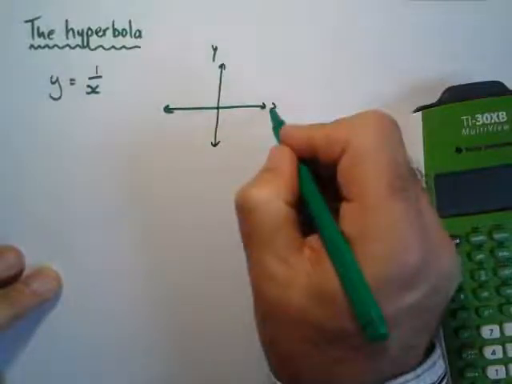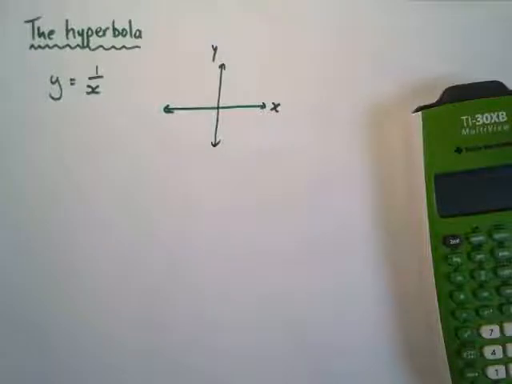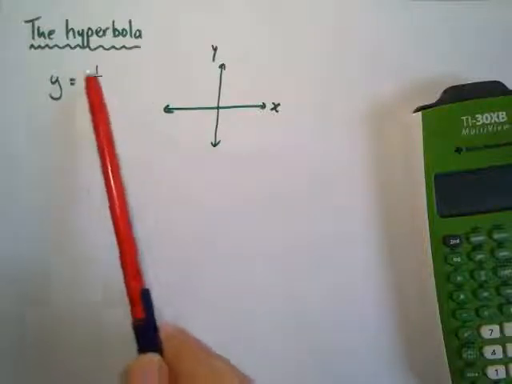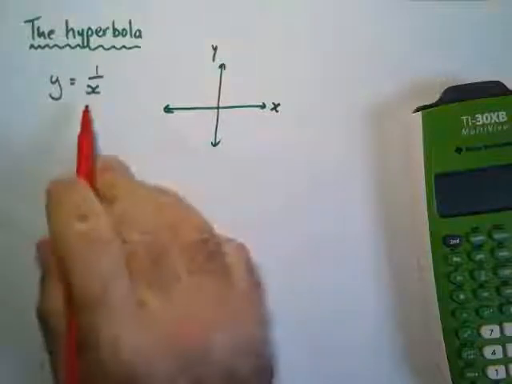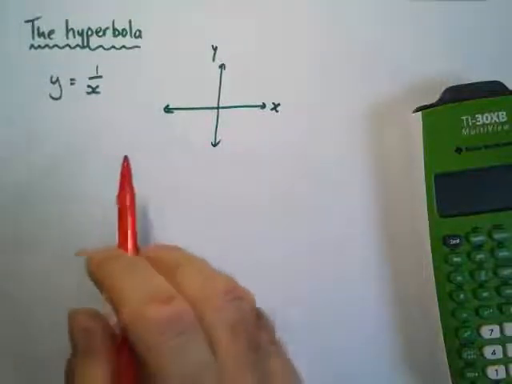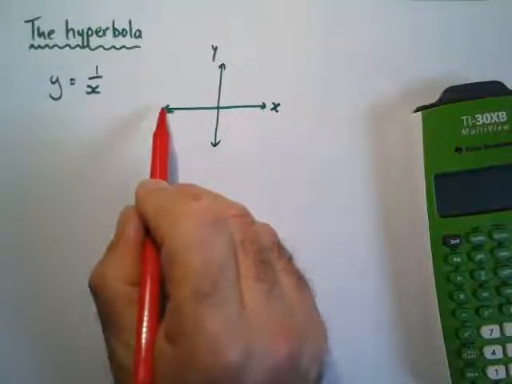This is y, this is x. We see that we have a restraint here. x cannot be 0 because I'm not allowed to divide by 0. That is one of the fundamentals of maths: you cannot divide by 0, which means x can never be 0.